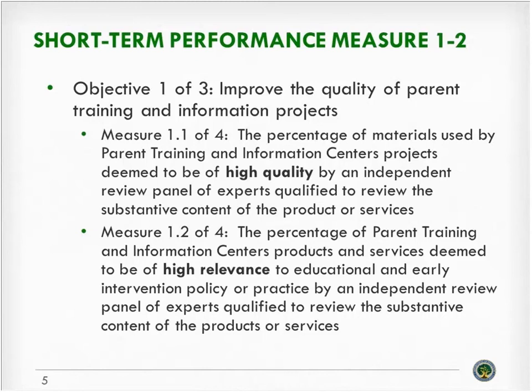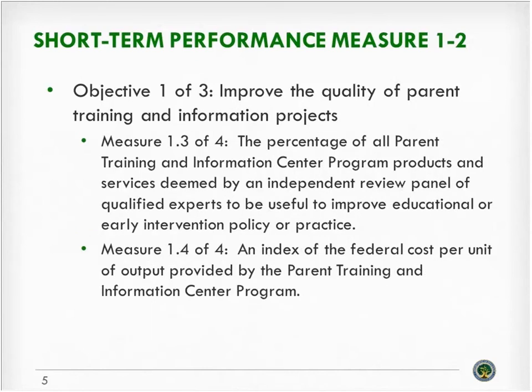Measure 1.2 of 4, the percentage of parent training and information center products and services deemed to be of high relevance to educational and early intervention policy or practice by an independent review panel of experts qualified to review the substantive content of the products or services.